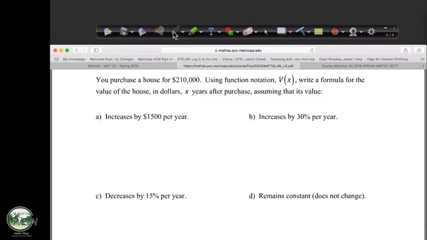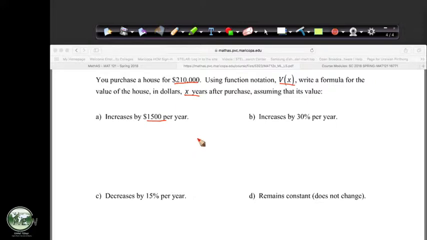So now let's take a look at these. Again, we'll go a little bit quicker. We purchased a house for $210,000, and we're going to use function notation to write formulas for the value of the house in dollars x years after purchase. If we increase by $1,500 per year, is that exponential or linear?